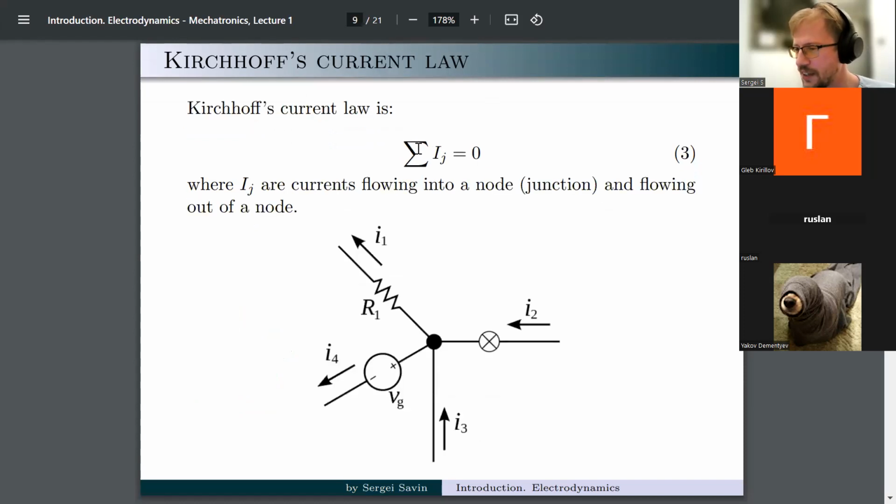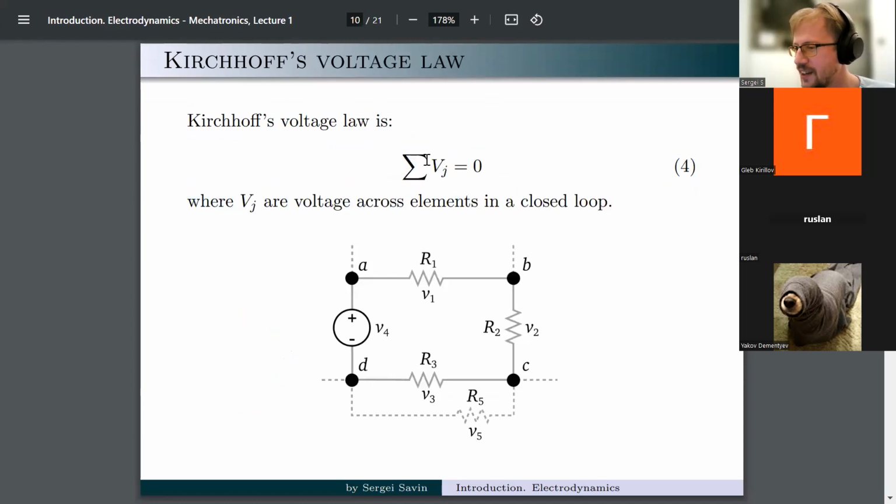The laws are quite simple, and they are enough for us to work with circuits for this course. We're going to have a whole course where we work with electronics, but circuit-wise, those two laws are enough for us. So it's pretty good. It's not very scary.